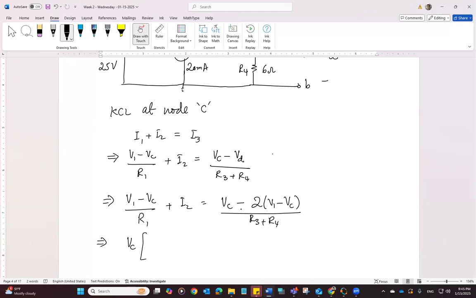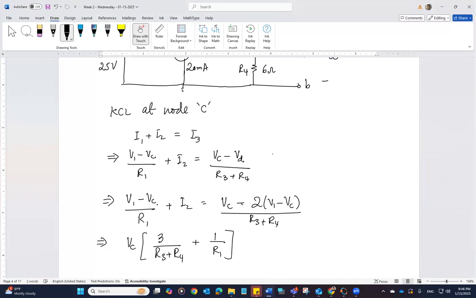So combining this as negative, negative, positive, it's going to be positive 3 VC over R3 plus R4. And then I'm going to take the VC over R1 from the left-hand side to the right side. I'm going to delete VC from here since I already have it outside the square bracket, and that's going to be 1 over R1.